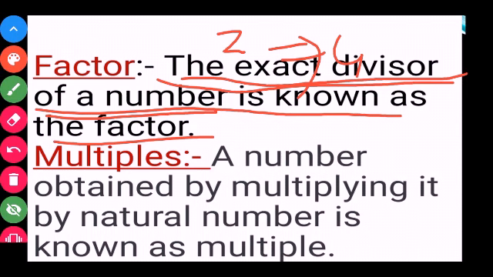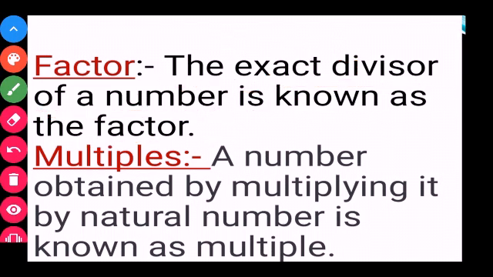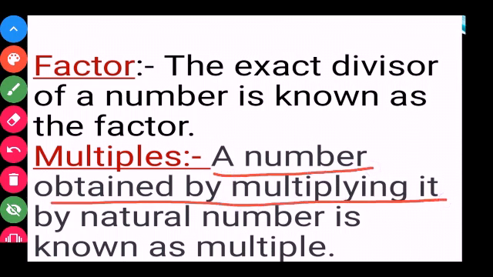Okay. Now multiples. A number obtained by multiplying it by a natural number is known as a multiple. Try to understand again.